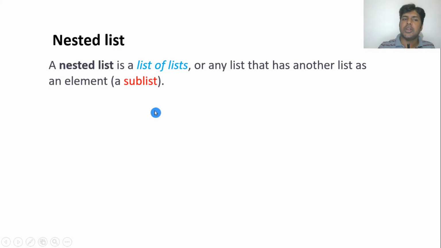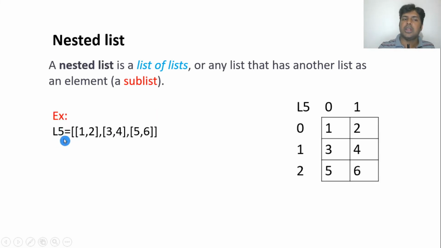For example, if I take L5 is equal to [1, 2], [3, 4], [5, 6], you can see it will be in this form. Now your index will be 0, 1. Generally when we use a normal list we have an index in one direction. Now here we have an index 0, 1, and also 0, 1, 2.